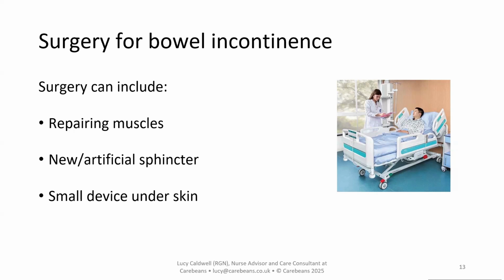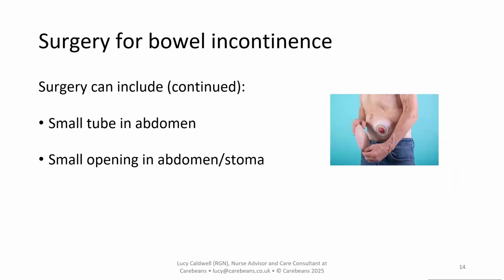There's also devices that can be put under the skin, just in your bottom, and that uses an electrical pulse to help you control when you pass a motion too. So there's different surgeries that are available. There's a couple more on the next slide as well.